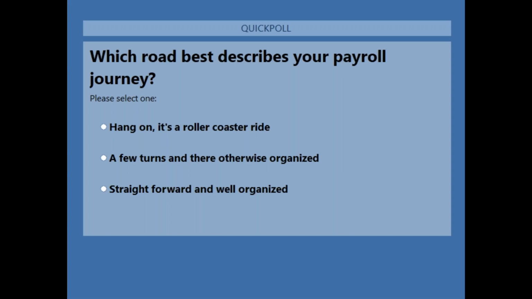And then in the middle, we have "a few turns here and there, otherwise it's organized." And then of course we have the one on the right that says "our payroll is straightforward and well organized." So please take about 5-6 seconds to choose whichever one best describes your payroll journey or your payroll process.